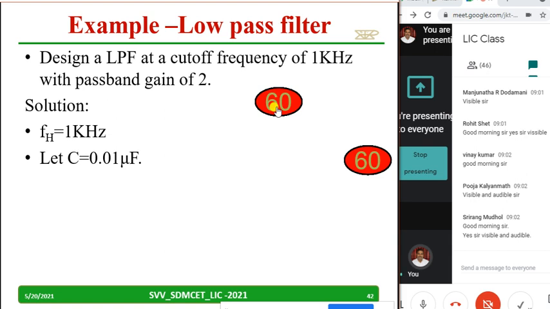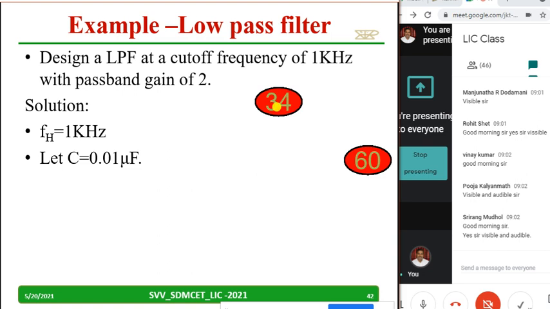All of you copy down. Design a low pass filter at a cutoff frequency of 1 kHz with a passband gain of 2.